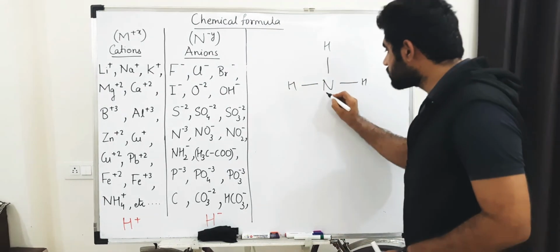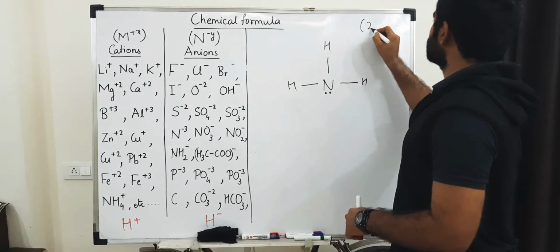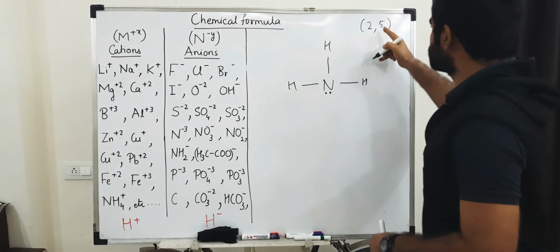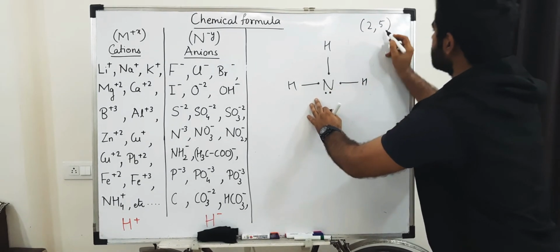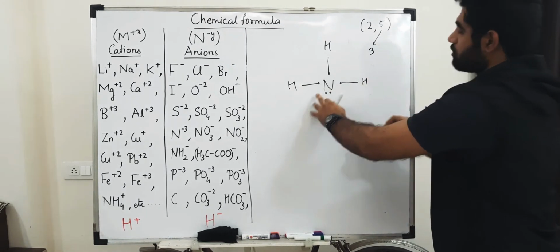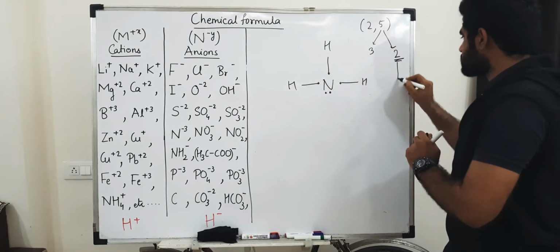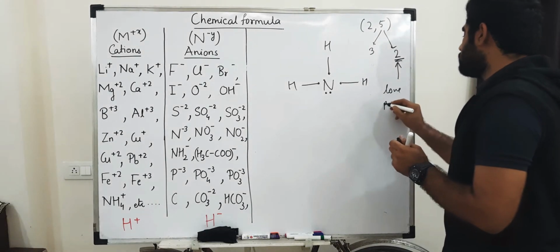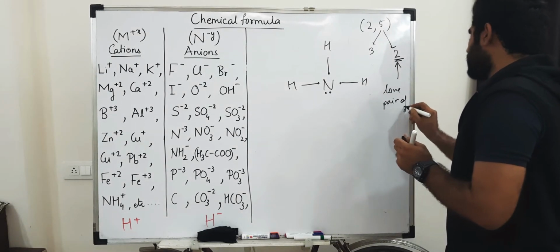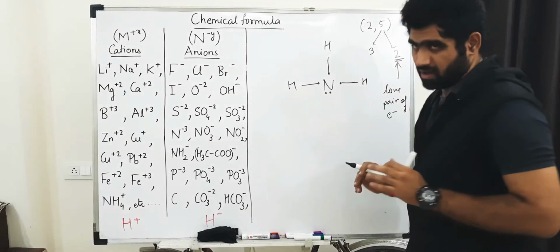However, nitrogen has a lone pair of electrons here. From these 5, 3 electrons are used for bonding with hydrogen, and the remaining 2 electrons remain in a pair. Such 2 electrons remaining in pair are called a lone pair of electrons. Lone pair is not only seen in nitrogen but in many other atoms.